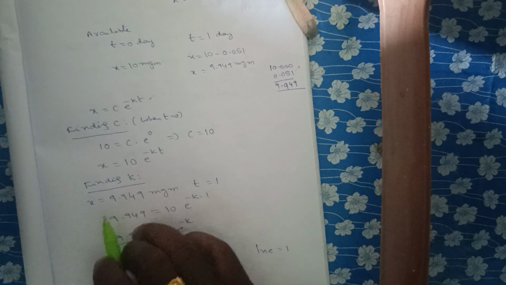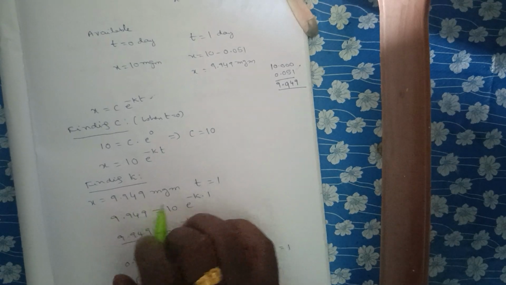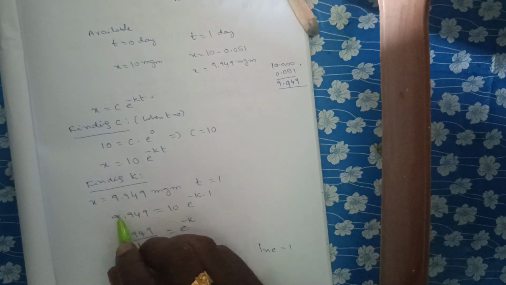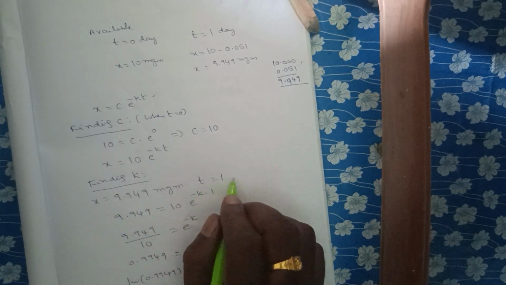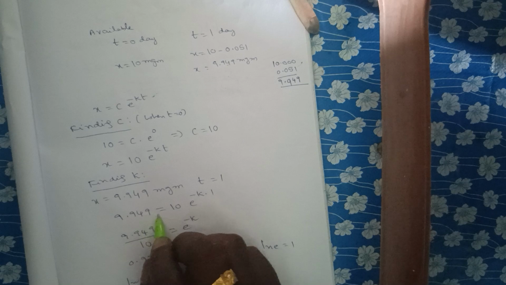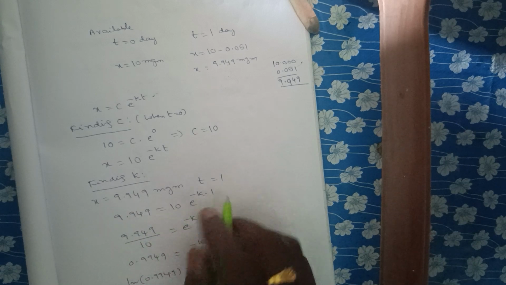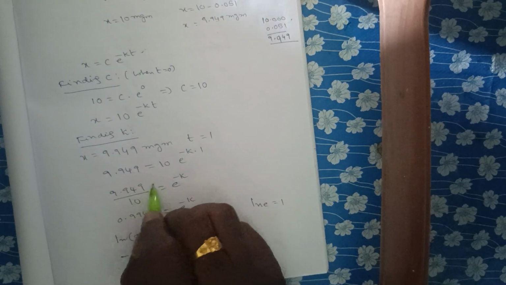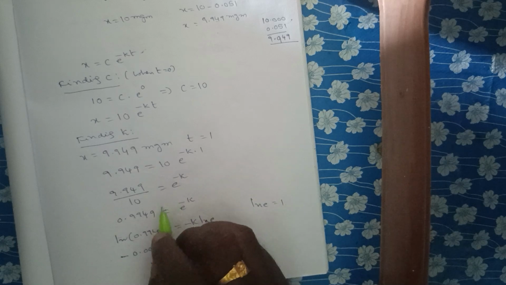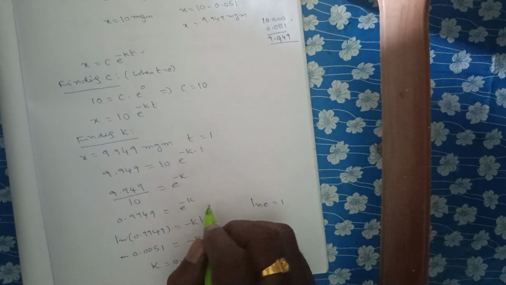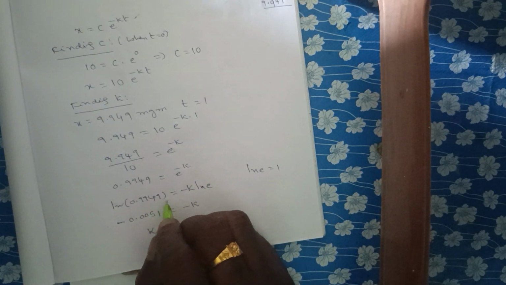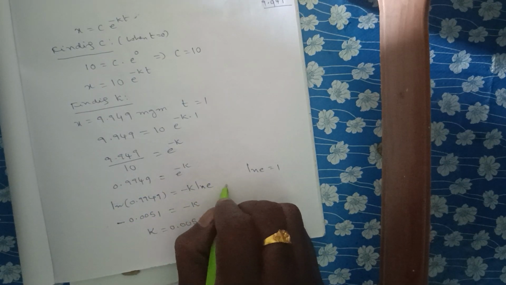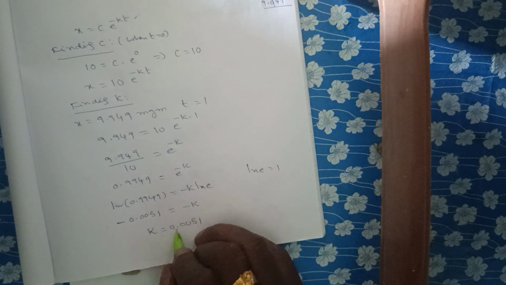Finding k: at time t equal to 1, x is equal to 9.949 mgm. So 9.949 is equal to 10 into e power minus k. 9.949 by 10 is equal to e power minus k, so 0.9949 is equal to e power minus k. Taking ln, ln 0.9949 is equal to minus k ln e.